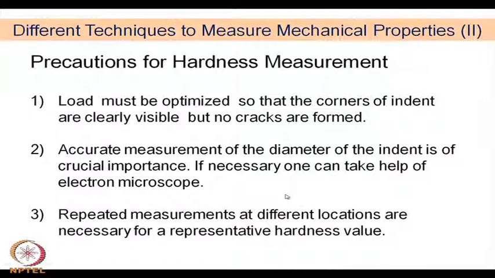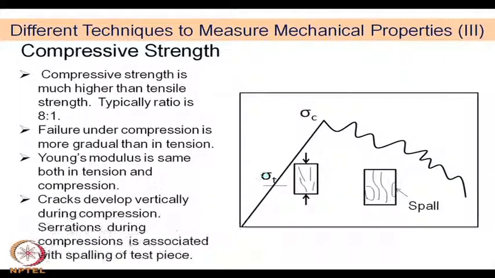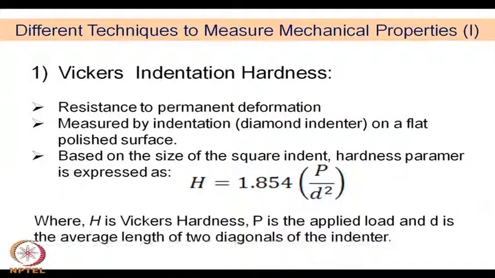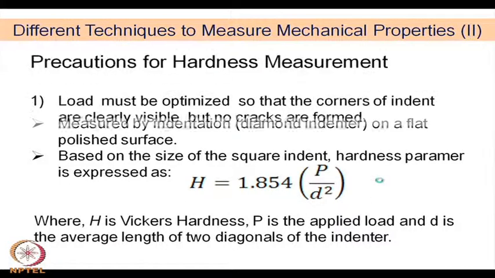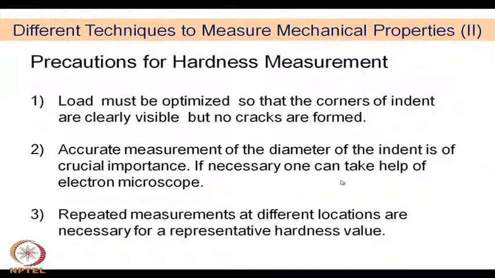And if a very fine indent is there, one can even take help of an electron microscope for accurate measurement, because it is D square coming in the denominator, and so any inaccuracy in the D value will certainly lead to a larger inaccuracy in the measurement of the parameter H. So, accurate measurement of the diameter is also important.